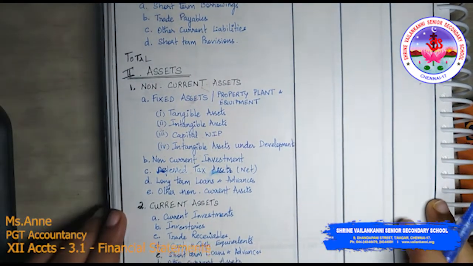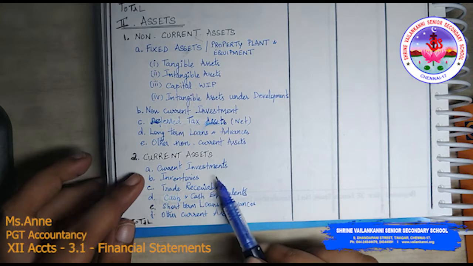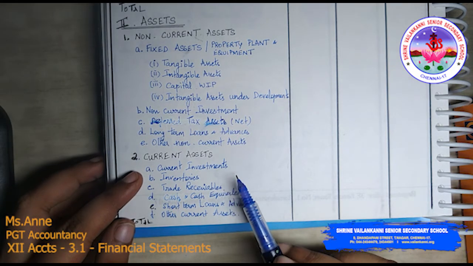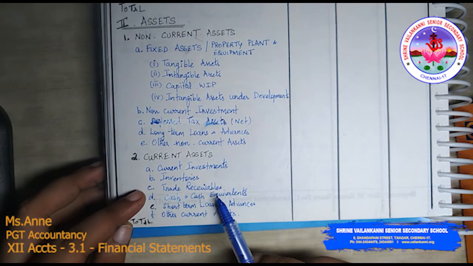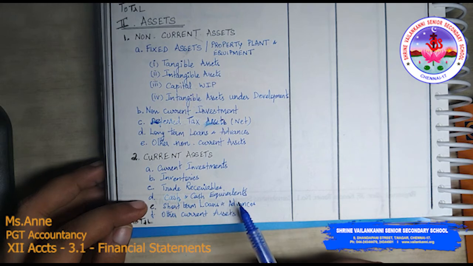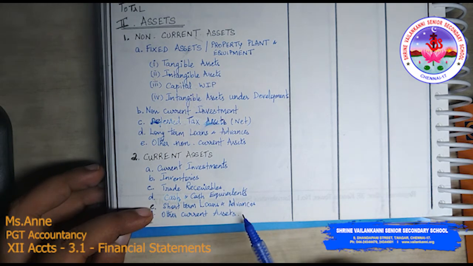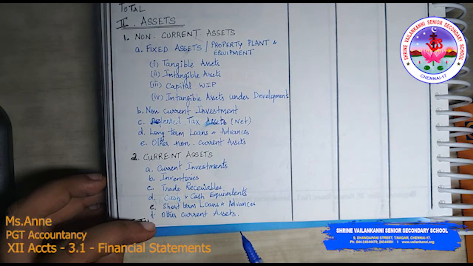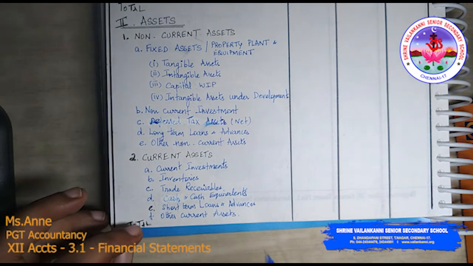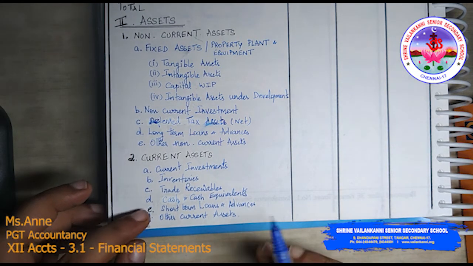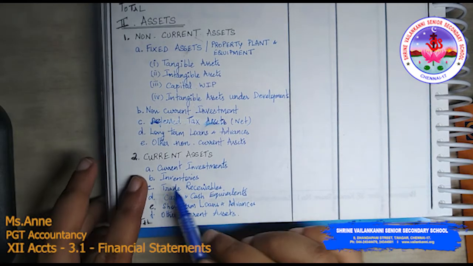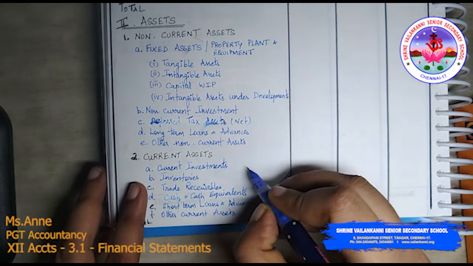Next, current assets. Under current assets, obviously you have current investments, inventories, trade receivables, cash and cash equivalents, short-term loans and advances, other current assets. How do we remember this? Very easy. Remember ITC.